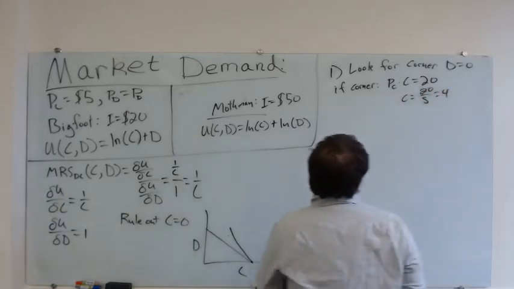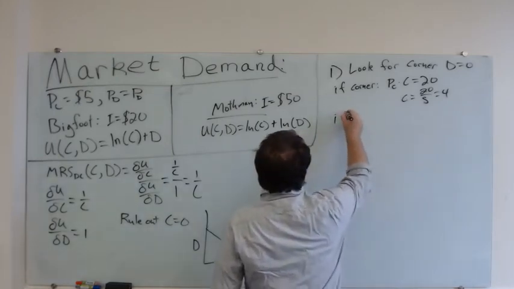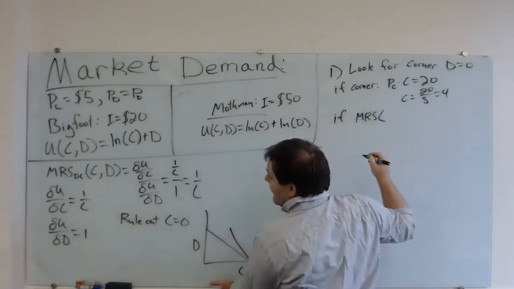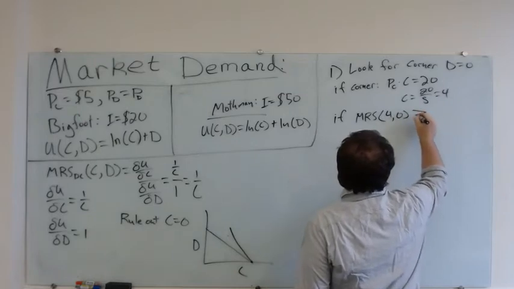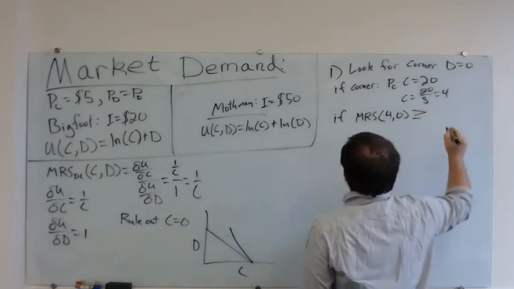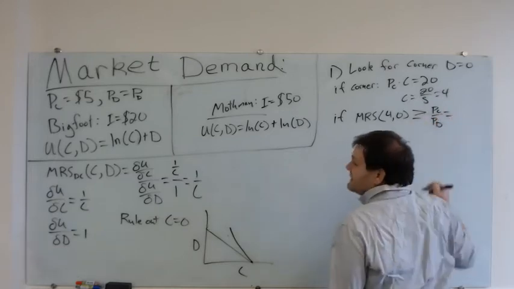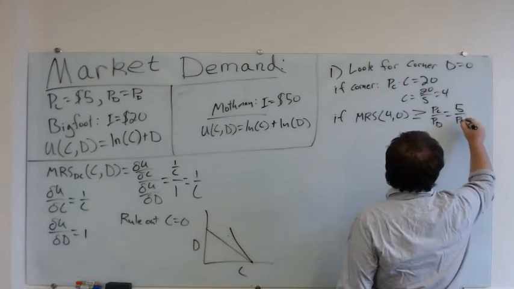So that's going to be true if the MRS calculated at 4 and 0 is greater than or equal to our price ratio, which is going to be PC over PD, or in this case, since the price of chicken is 5, 5 over PD. So what's our MRS calculated at 4 and 0?